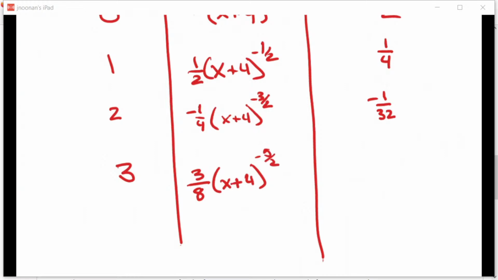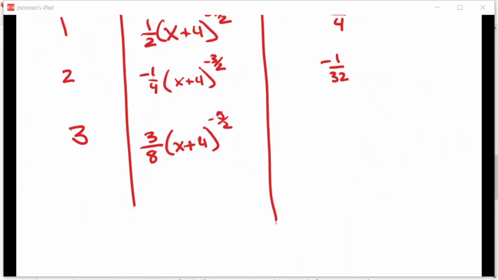Excellent. Now I'm going to plug 0 into that. Let's see if I can do that in my head. 32 and 8, 32 times 8, that's 2 to the 5th times 2 to the 3rd is 2 to the 8th. So that's going to be 3/256. Does that look all right?